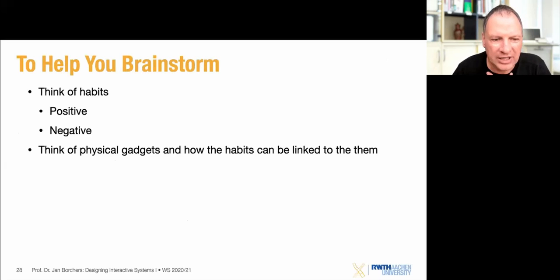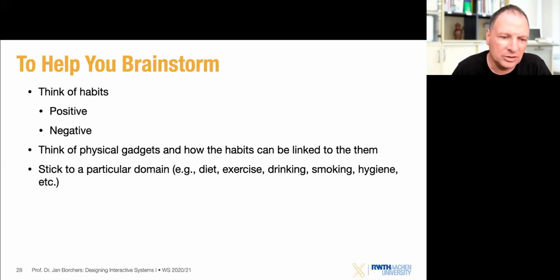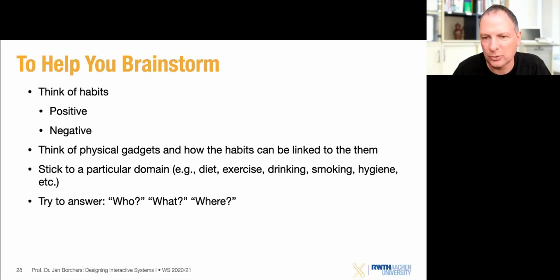You can think of physical gadgets and how the habits can be linked to them. You can try to stick to a particular domain, for example, diet or exercise, drinking, smoking, hygiene, etc. And you can try to answer the who, what, where questions, which is a bit like the context, task, and user, right? So who is the user, what's the task, and where is the context.